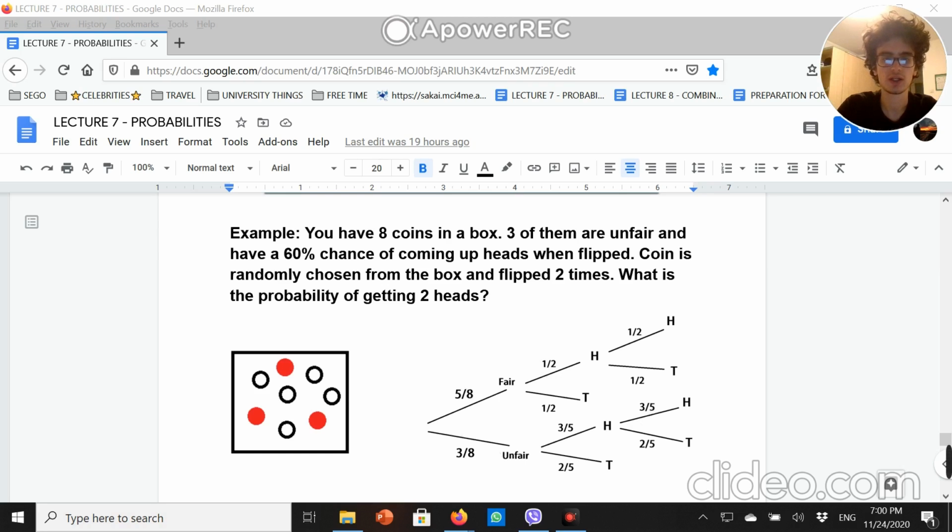So we would flip a coin. We have 5 over 8 chance to get a fair coin and 3 over 8 unfair. Why? Because we have 5 fair coins and total is 8 coins, so 5 over 8. It's important for me just to mention that when you add these two numbers from these two branches, they have to give you 1.